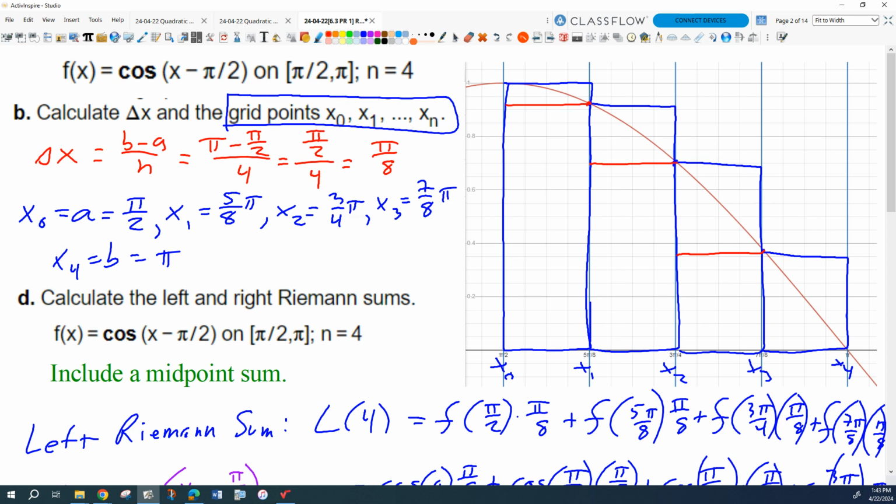And then what about the last right rectangle? What's its height going to be? 0. Yeah, look, because the value of the function at pi, which is the right edge of the fourth rectangle, is 0. So I get 0 from that one, right? So look, this helps us out.